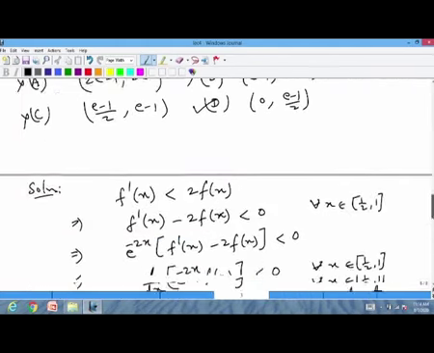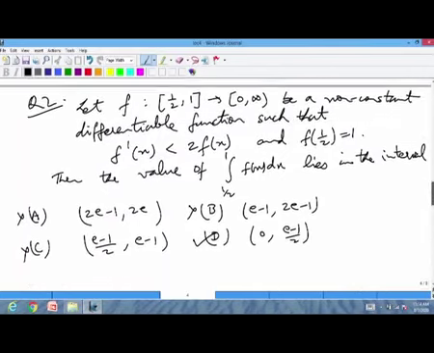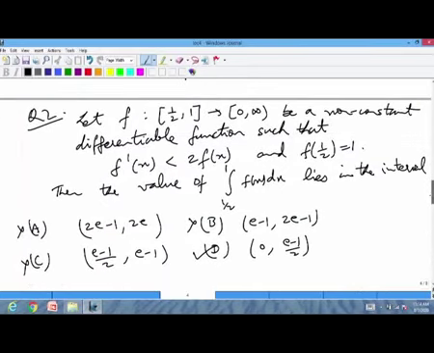So, note that in this solution we do not need to use that f is a non constant function, but this is given in the problem, because if it was not specified that f is non constant, then you can take f to be the constant function, because f of half is given to be equal to 1.